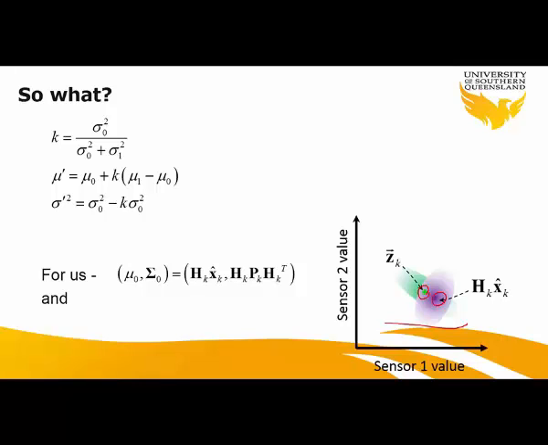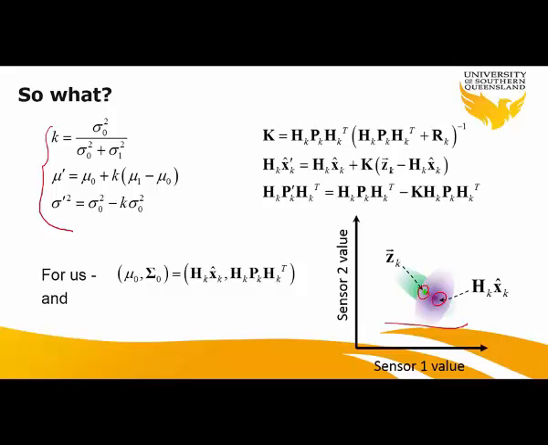We want to find a way to combine these two estimates to get the best value. So we can use the same formula from the previous one. Applying that to our scenario, we can get the best estimate of the position as well as its uncertainty using this formula, which is written here.